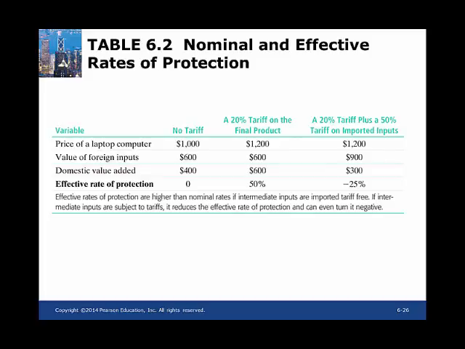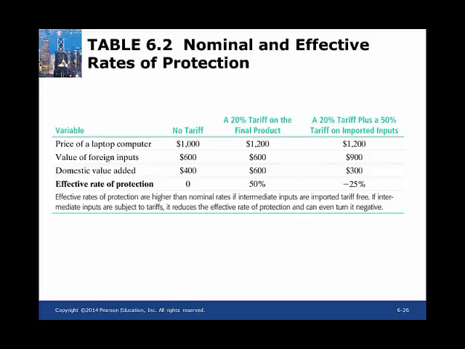So you can see the effective rate of protection with no tariff is 0. With a 20% tariff on the final good, it is 50%. And with a 20% tariff plus a 50% tariff on imported inputs, it is negative 25%.